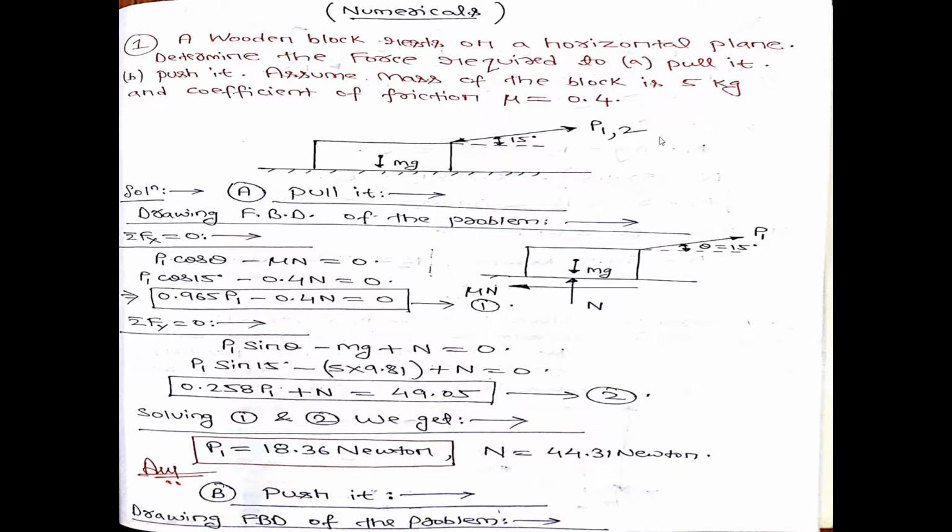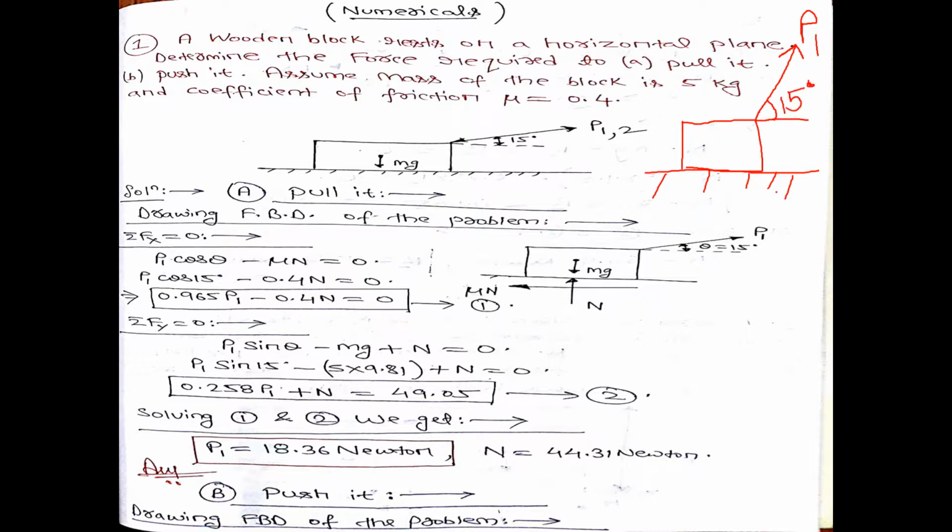So if I want to find out how much is the pull force acting on this block, what will be the diagram? The diagram will be like this, that this is a block which is placed on a horizontal surface, and on this block at this point one pull force is applied. Say that force is P1 and it is making an angle of 15 degree with the horizontal.